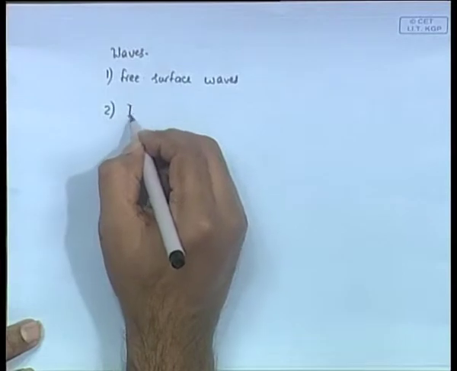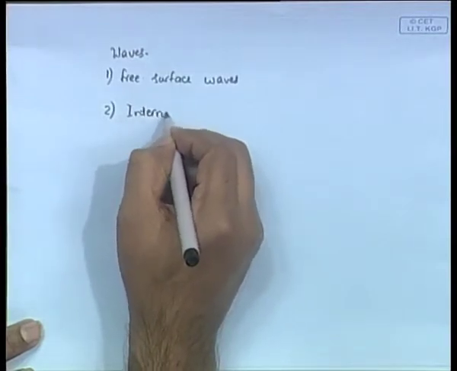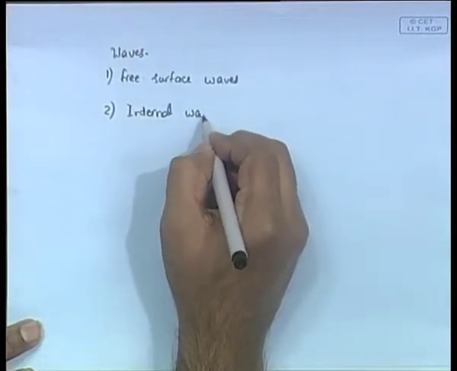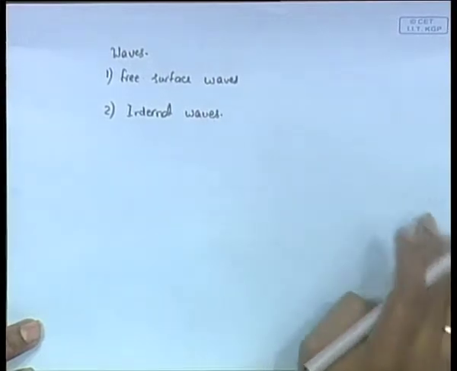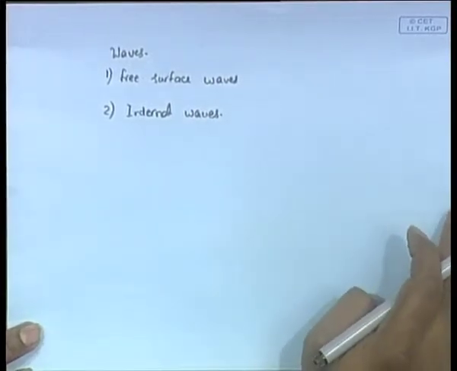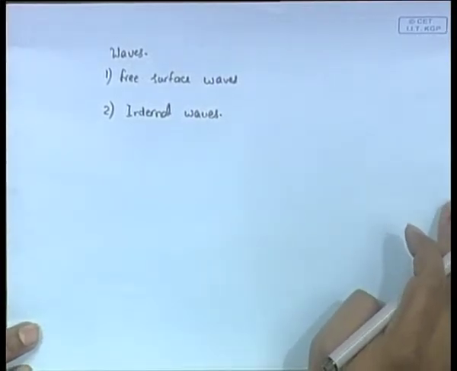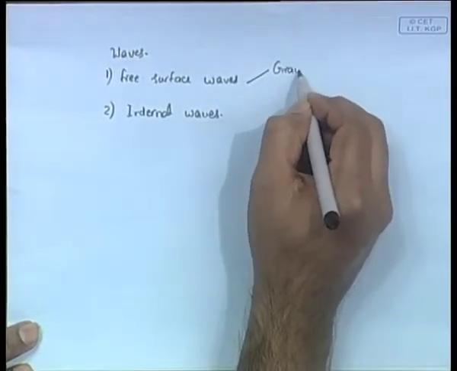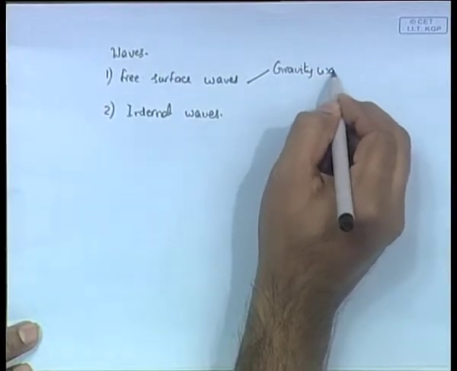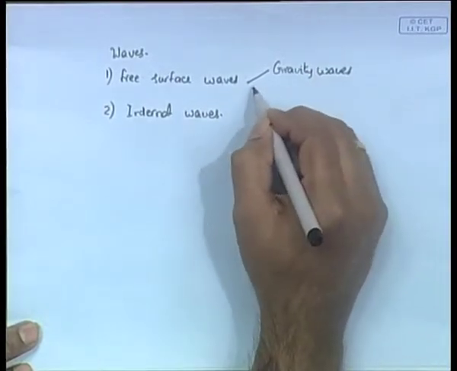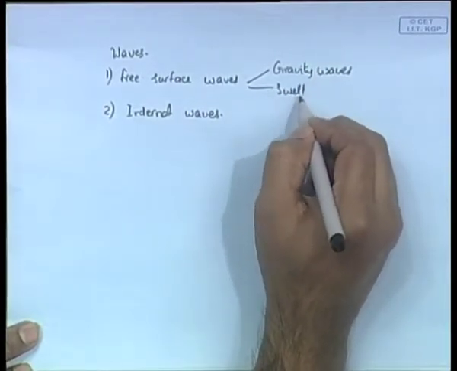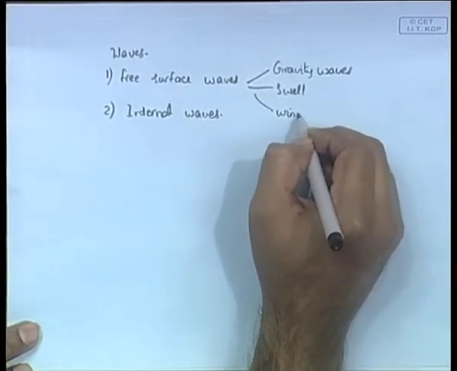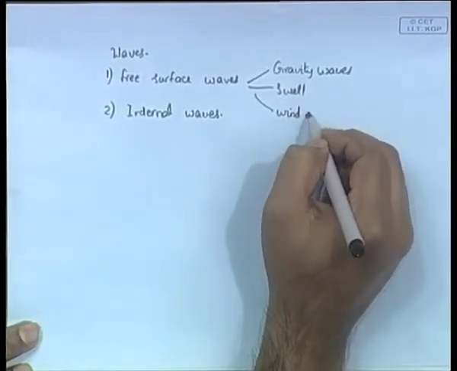Then, not that important in naval architecture but in oceanography, we come across another type of waves called internal waves. Even among free surface waves there are different kinds: gravity waves, swell, wind waves. Of course gravity waves are mostly generated by wind only.